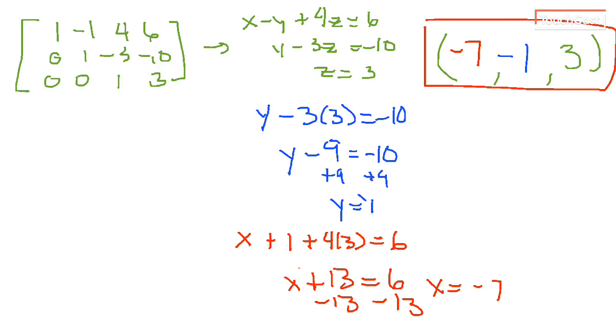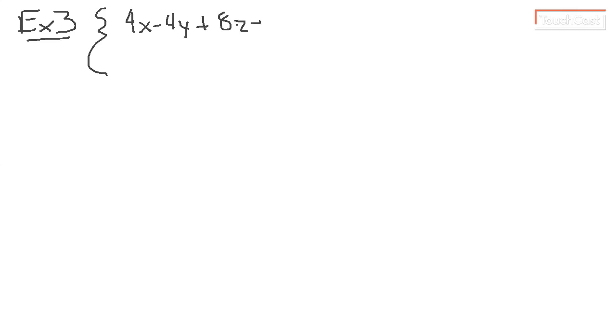So I think we should do one more example, and then we can call this lesson on Gauss elimination done. So example 3, we're going to have the system 4x minus 4y plus 8z equals 12, and then x minus 2y plus z equals 11, and negative x plus y minus 3z equals negative 1.